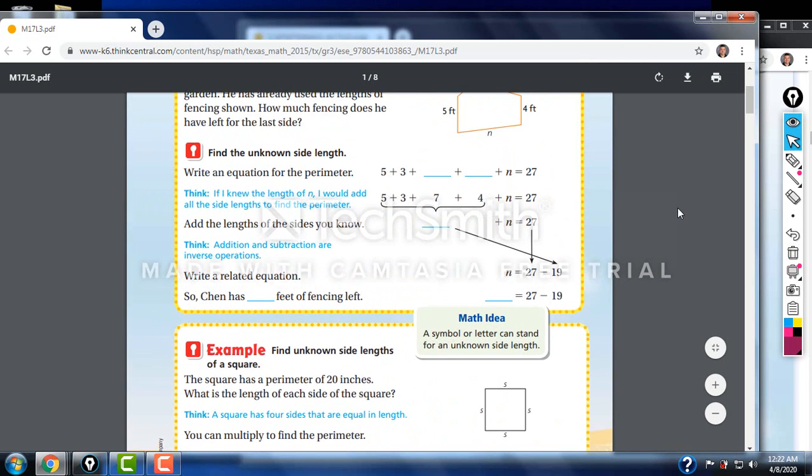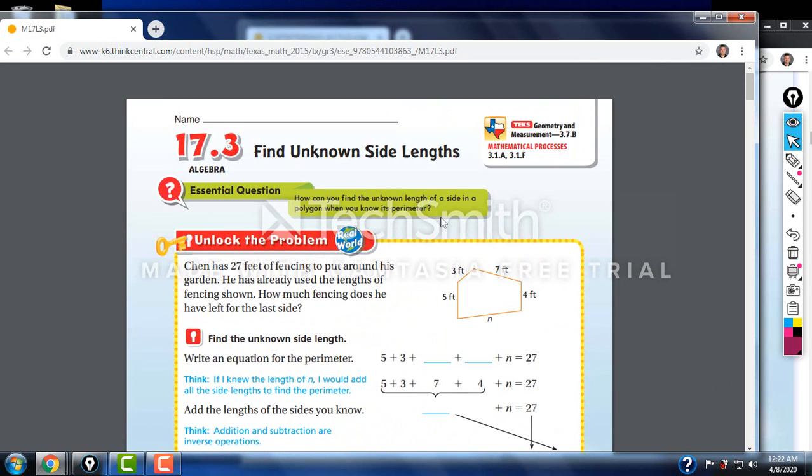So we're looking at finding the missing length or the unknown length of a side in a polygon when you know its perimeter. That is the key there. You have to be given the perimeter in order to figure out the unknown length of the side. Without them giving you the perimeter, you cannot answer the question if there's a missing or unknown length.